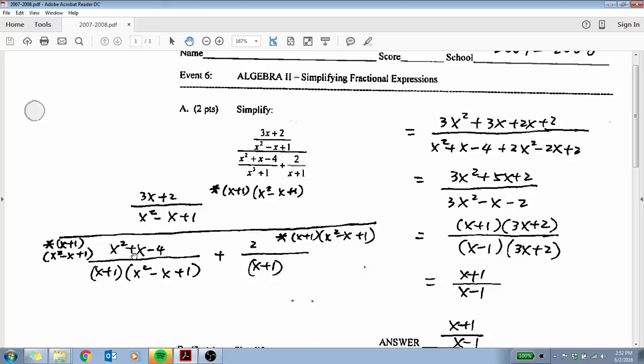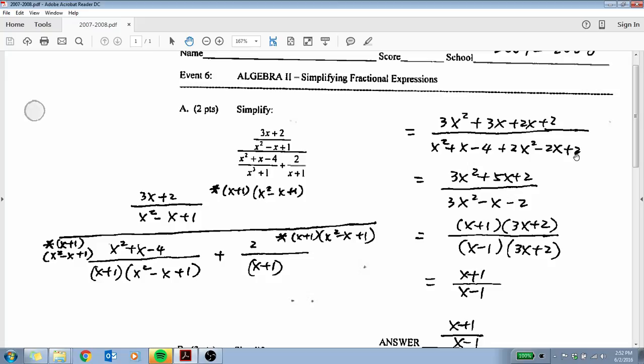So I'm left with just x squared plus x minus 4, which I wrote right over here. For the second fraction, when I multiply by the least common denominator, x plus 1 will cancel with x plus 1. So I have 2 times x squared minus x plus 1. That gives me 2x squared minus 2x plus 2, which you see written here.